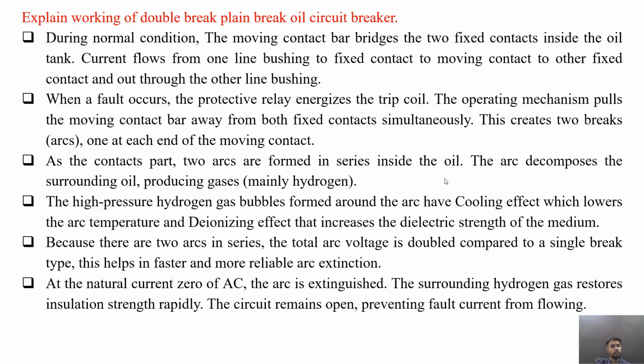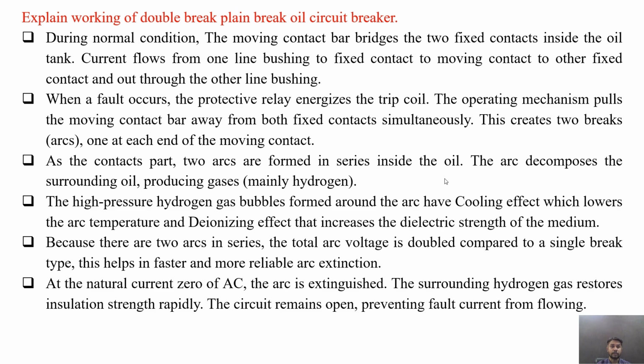The operating mechanism pulls the moving contact bar away from both the fixed contacts simultaneously, and this creates two different breaks, and due to this the arc is created because of the contact separation, one at each end of the moving contact.